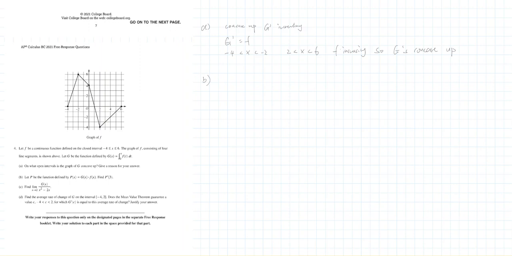Part B is the function p. First write out the equation p of x equals g of x times f of x.